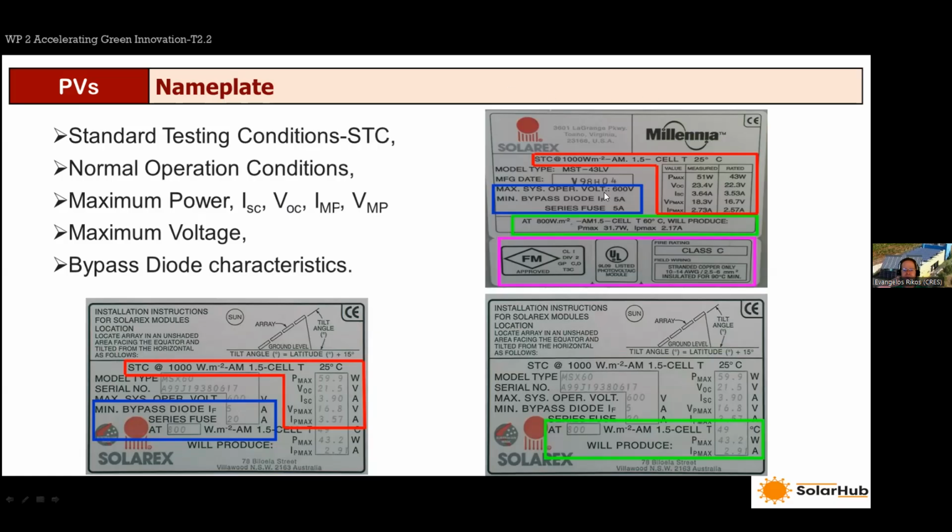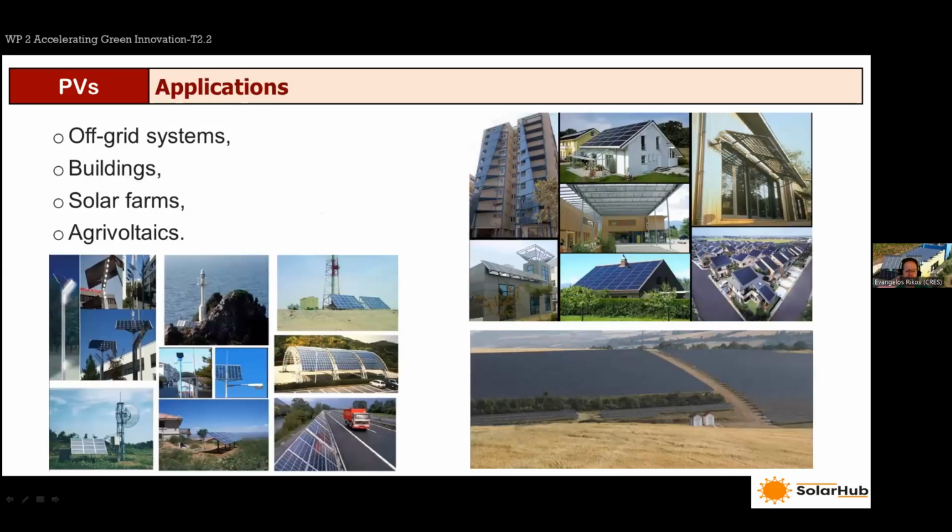For example, for this module here it is 600 volts. So one should not connect many modules here in series to avoid exceeding this limit, right? And perhaps some bypass diode characteristics are also included in the nameplate.